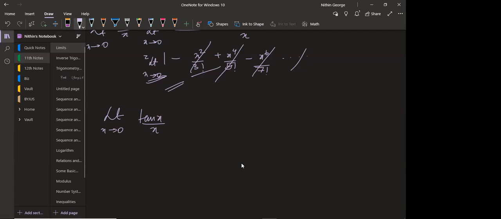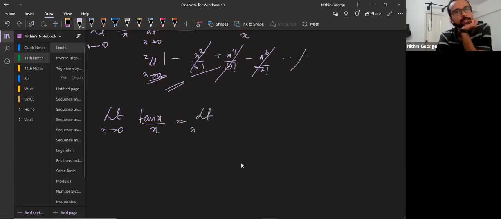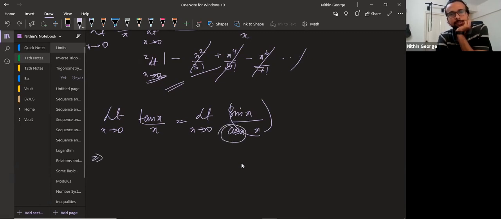Remember, it's exactly 1 only. Tan x you can write as sin x by cos x into x. Now, cos x when limit x tends to 0 is nothing but 1. You basically get limit x tends to 0 sin x by x, which you already know is 1.